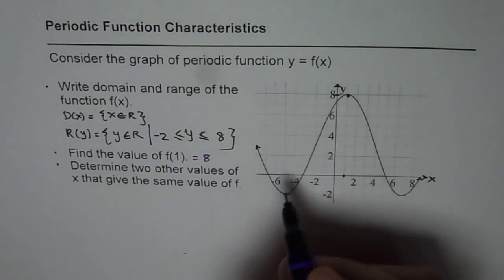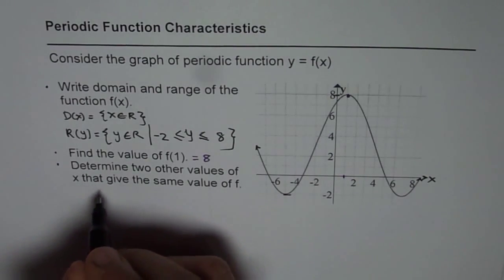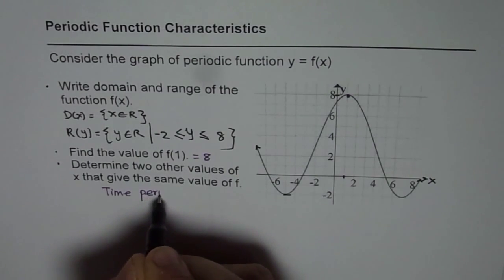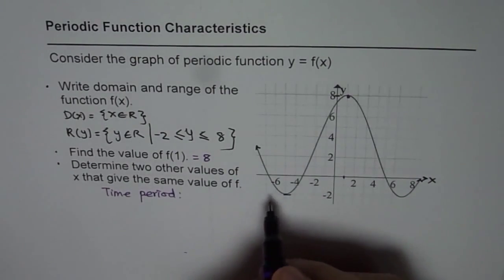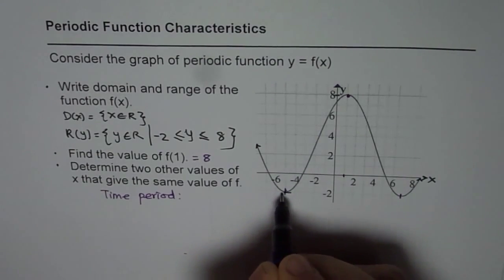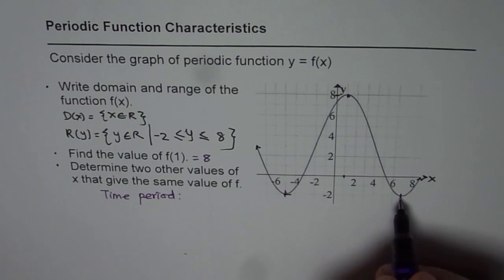For that, we should find the time period so that we know when it will repeat. Time period is the distance between two maximums or the distance between two minimums, or twice the distance between a maximum and a minimum.